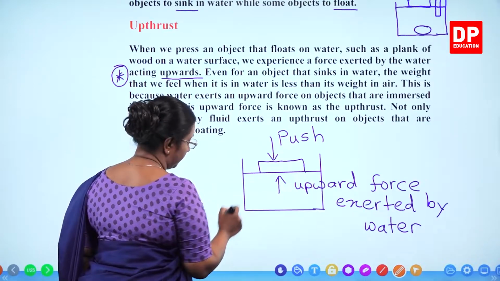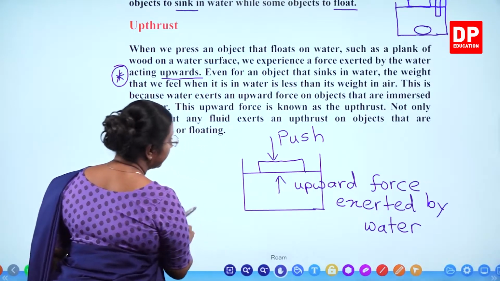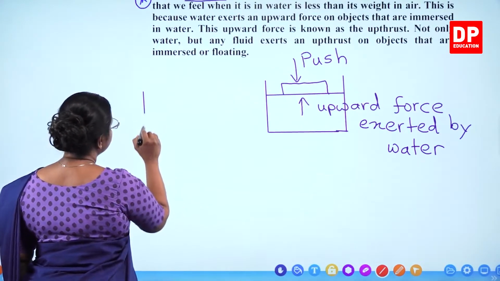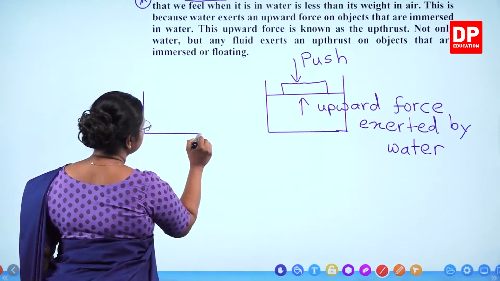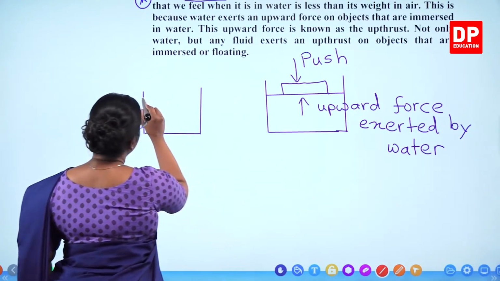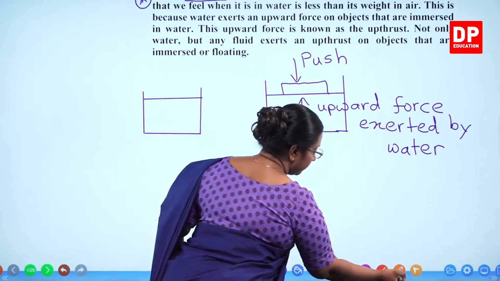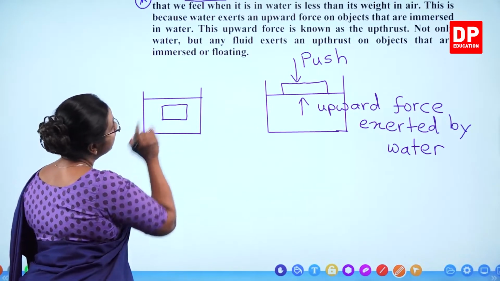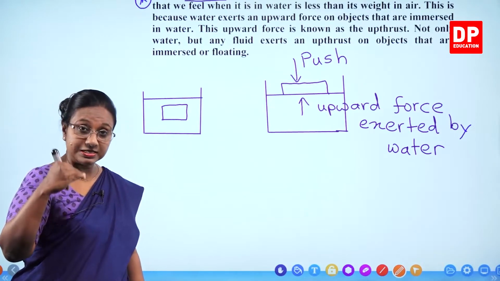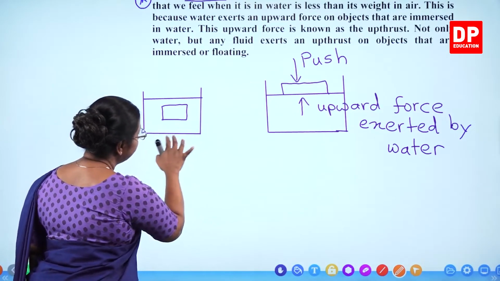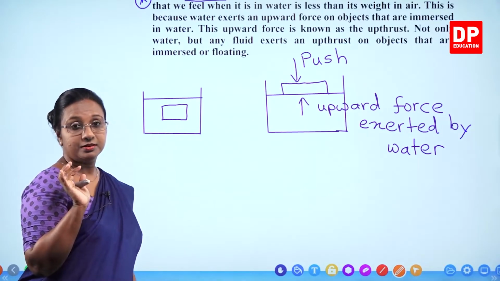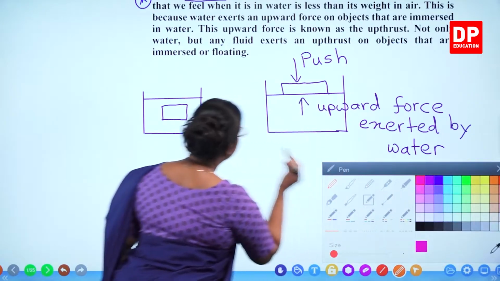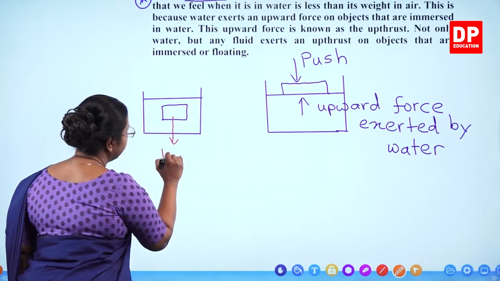So that is what we call as upthrust. So for any object, another instance, if there is an object partially floating or let's say sunk in water, immersed in water, or even if it is sinking in water, any situation is the same. Here what will happen is the weight will be acting downwards.